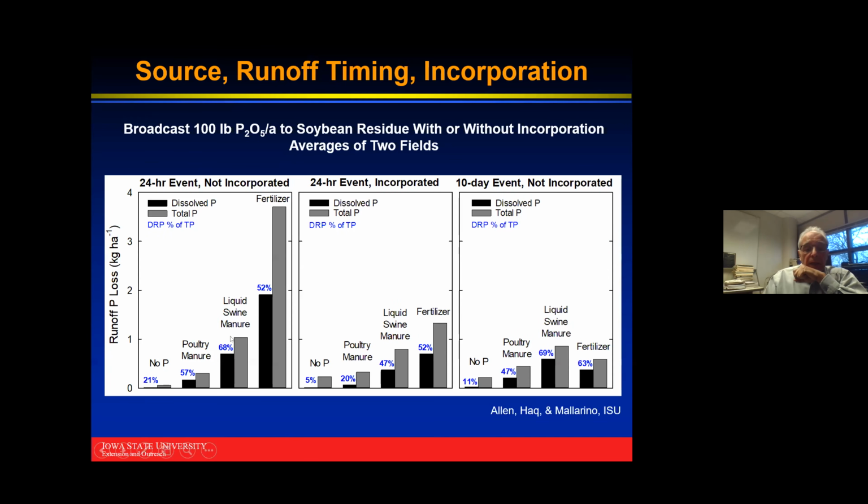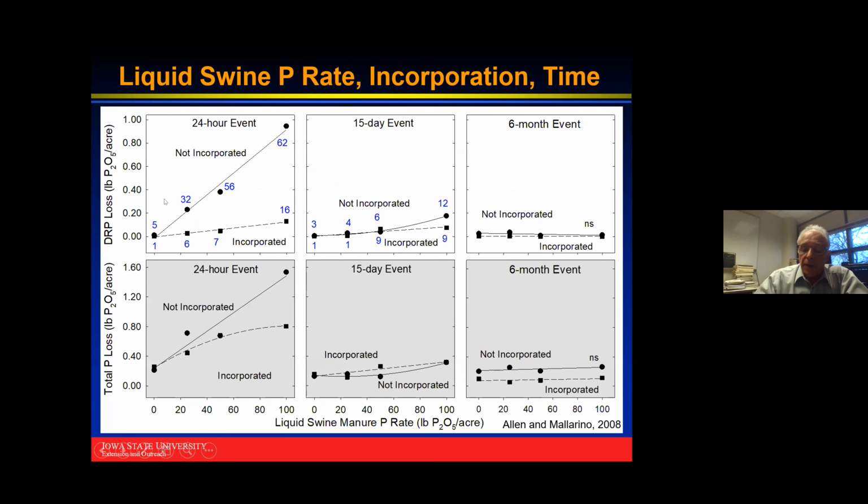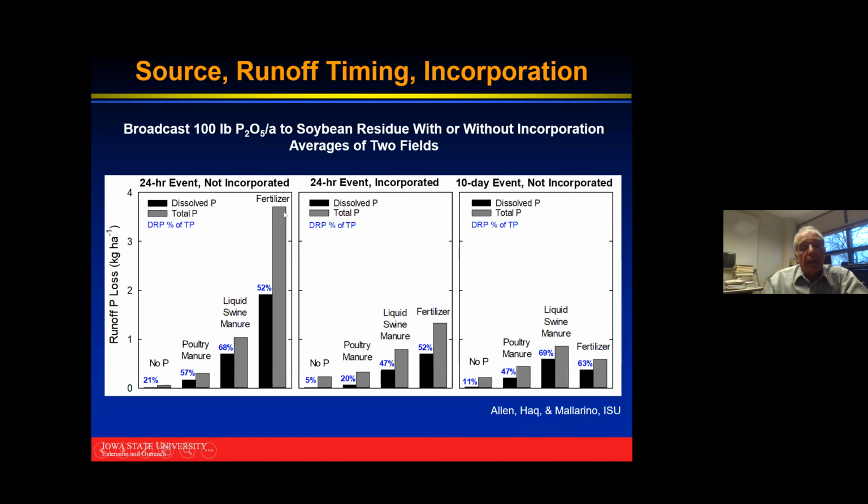So when we look at the difference between the P sources, it's the same that I showed before, okay? But look at this, this is a rainfall immediately after the application, okay? This is when it is incorporated. Of course, we reduce the loss by incorporation, but not this.